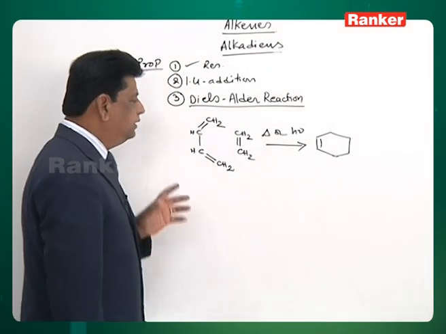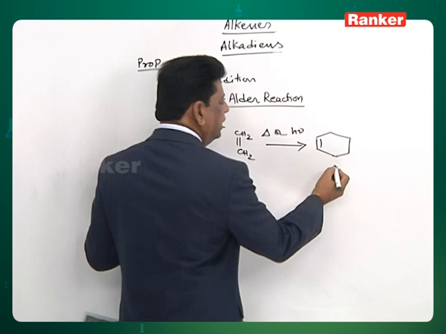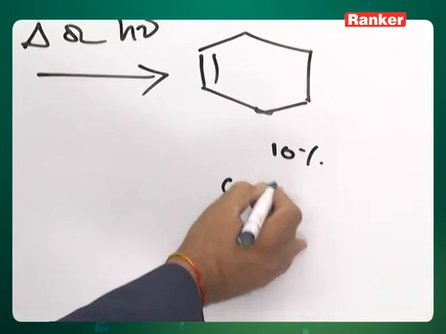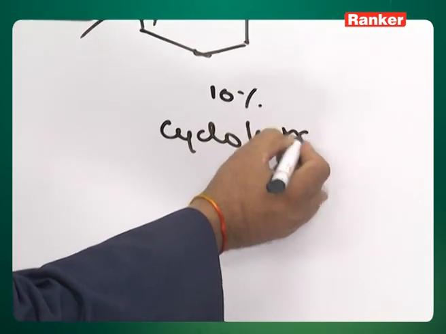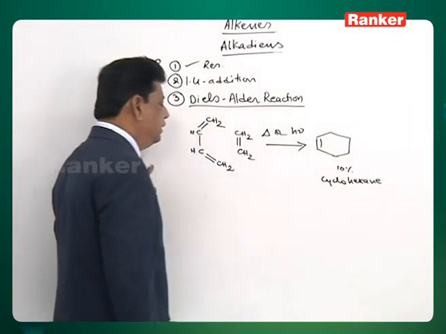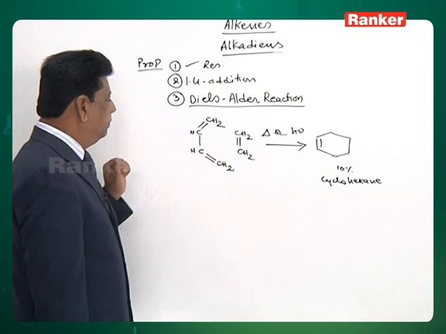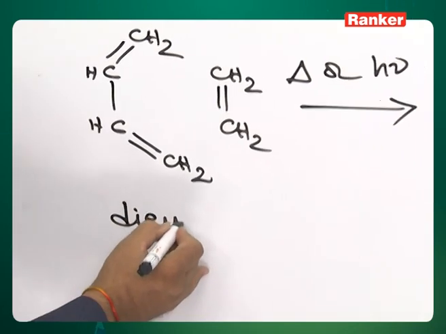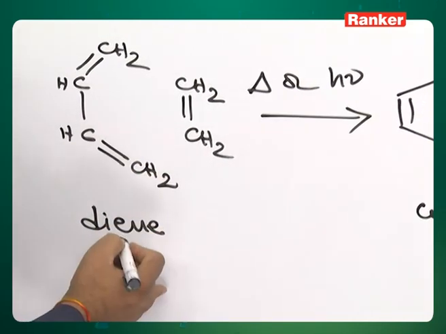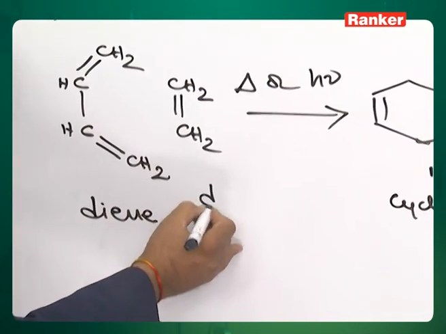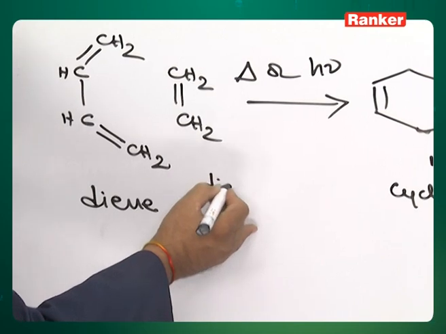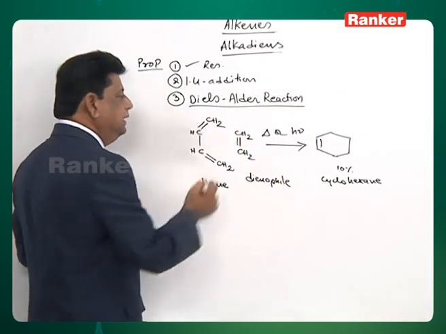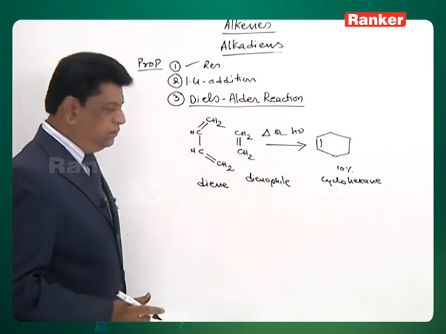In this reaction, only around 10% reaction is observed, and cyclohexene is formed. Here this is a diene, let us call it a diene, and this is the diene attacking species, which people call the dienophile. When the dienophile is ethylene, the reaction takes place very little.